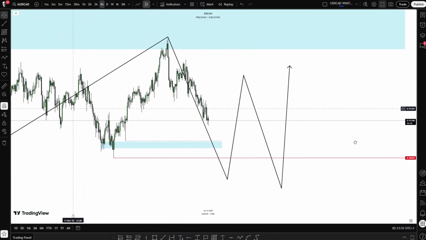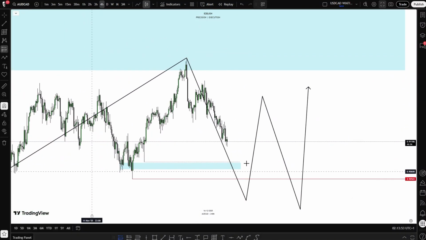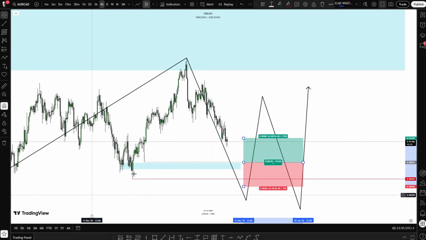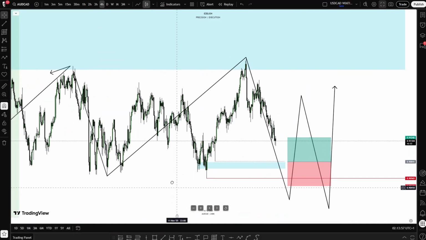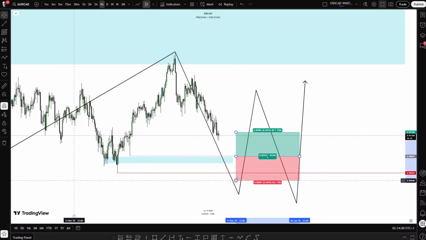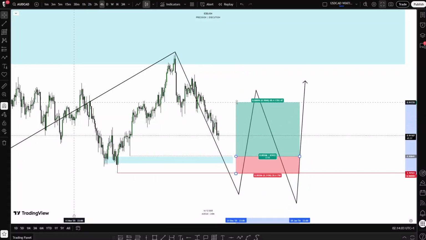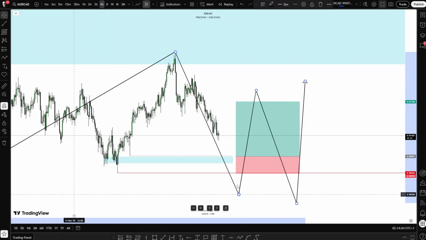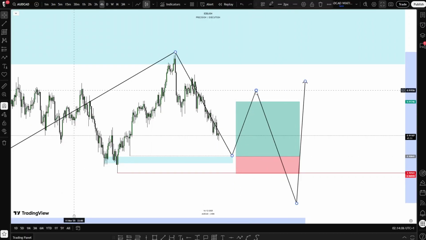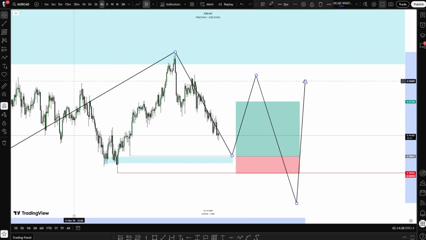You need to be aware that something that can happen is that price gives us a little bit of reaction straight out, before it breaks structure.